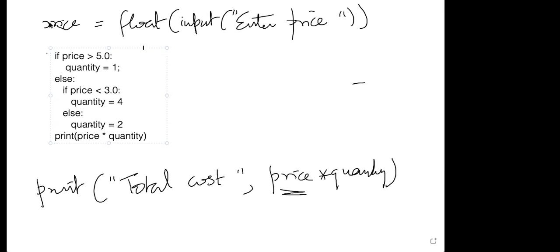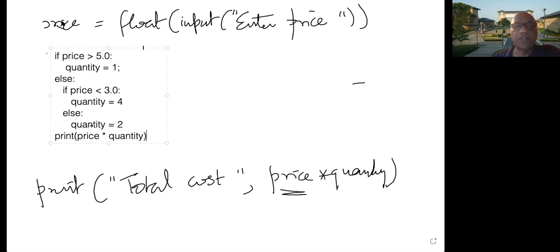We are reading the price of milk, and that price is stored in this variable price. I know I have erased a little bit here, but assume that this is price. So price, let's say, is 6. Then we are checking if price is greater than 5. Price is 6, and 6 is greater than 5, so this is considered true. That is a true fact, right?